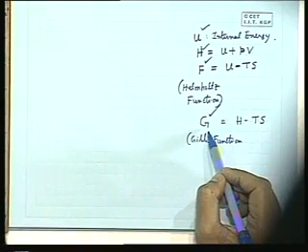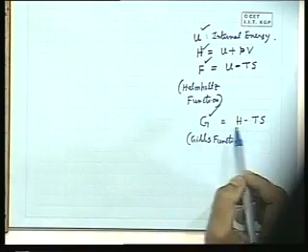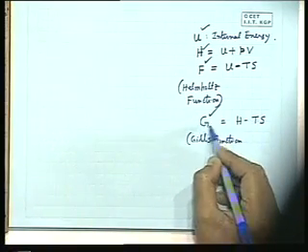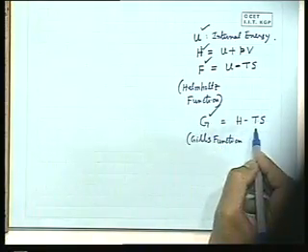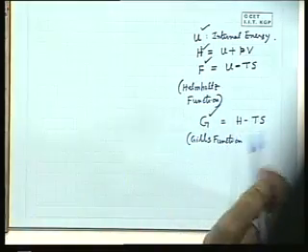Similarly, when an open system interacts with the surrounding in an isothermal process where the temperature of the surrounding and the system remains the same, the difference of Gibbs energy gives the maximum work done. Similarly, the difference of Helmholtz function gives the maximum work done in a closed system.